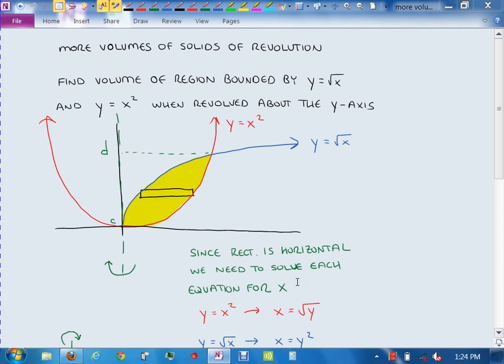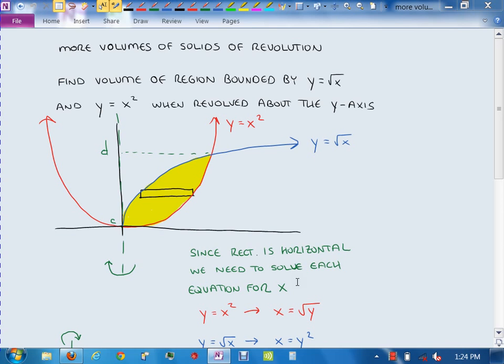Okay, so I'm trying to take this region. I already drew it out for you, the yellow region. I'm trying to revolve it around the y-axis, which I have my rotation here. All right, and so what do we need to do to solve this? Get our rectangle. It's horizontal, right? Because so far, every time we've rotated, our rectangle is perpendicular to the axis of rotation.